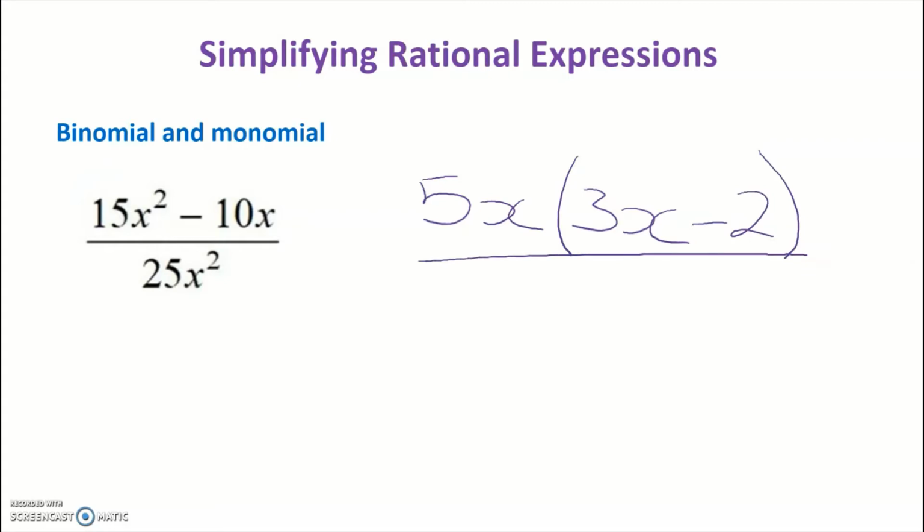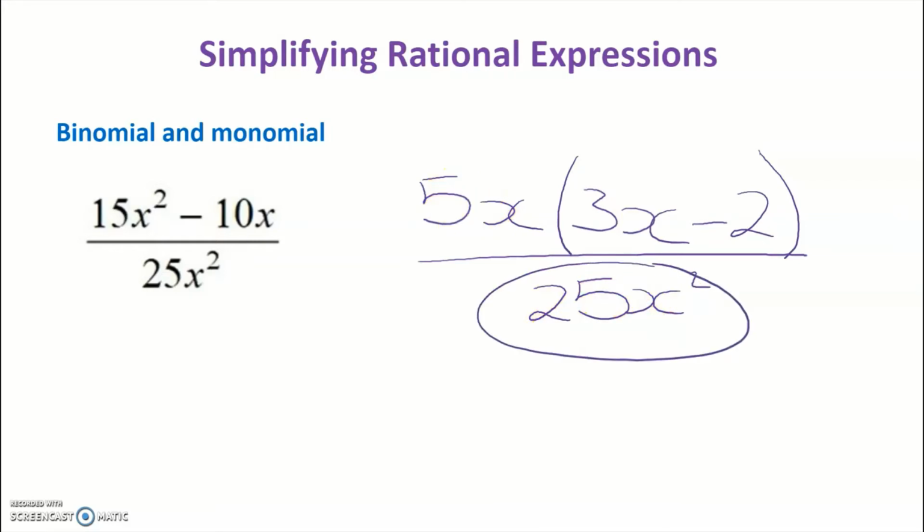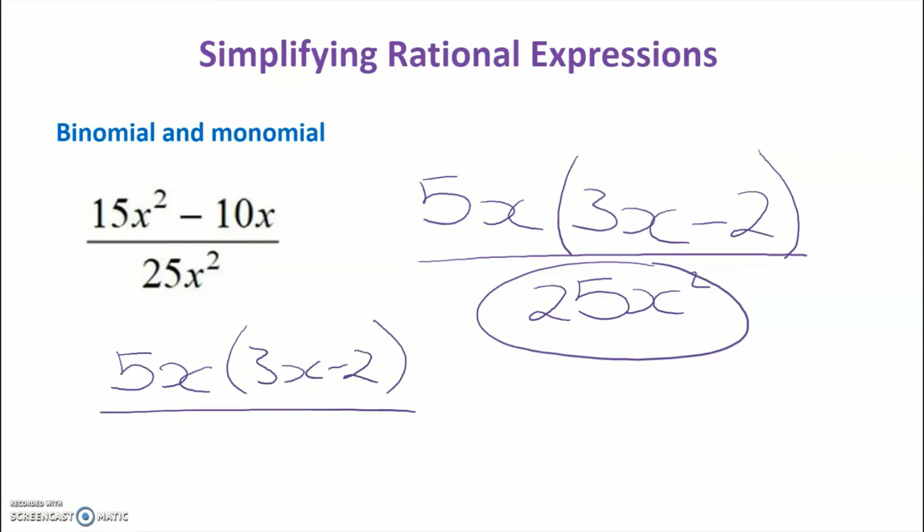Now, since the denominator is a monomial, there's no real factoring out, but hopefully you can see that the 5x here and the 25x squared have a factor in common. So I'm going to rewrite this 25x squared in my denominator with a 5x removed from it. If I divide it by 5x, I'm left with another 5x, because 5x times 5x is 25x squared.